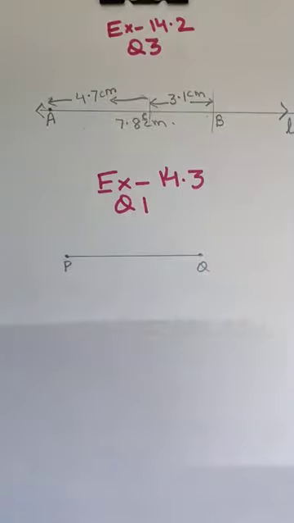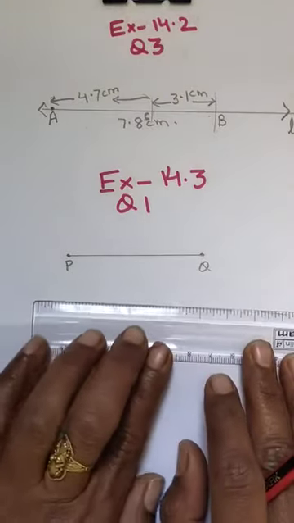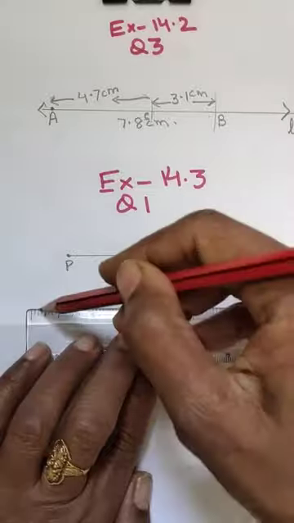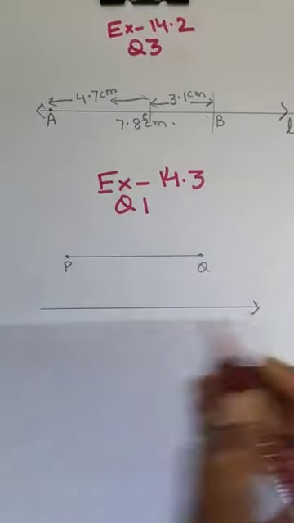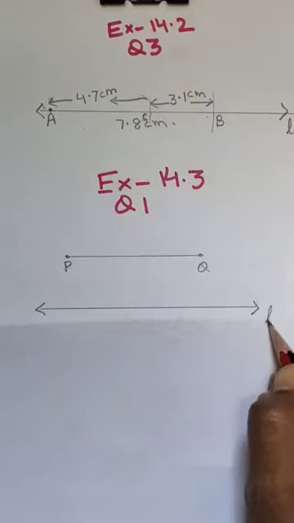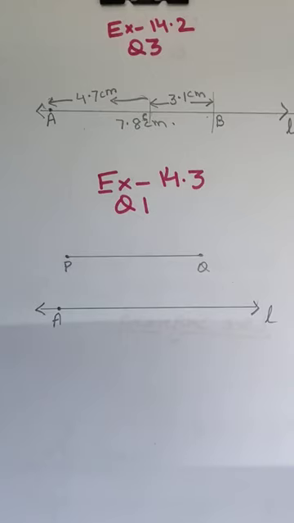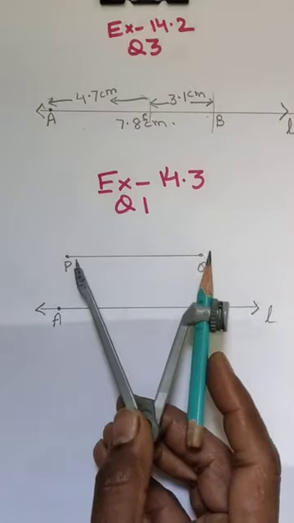Now draw a line and mark a point A on it because we have to make a copy of it. Draw a line L and mark a point A on it. Clear?